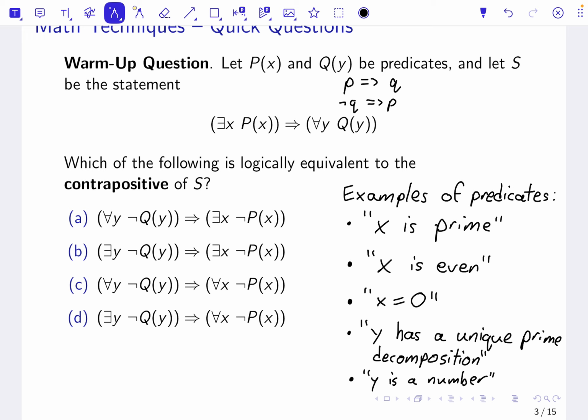Maybe my statement P of x could be, in more grounded terms, student x is on the wait list for the course, not actually registered. And I'm saying there exists one of you, at least, is on the wait list.